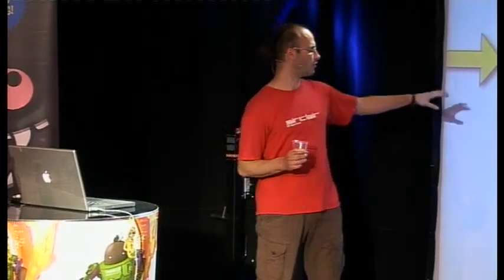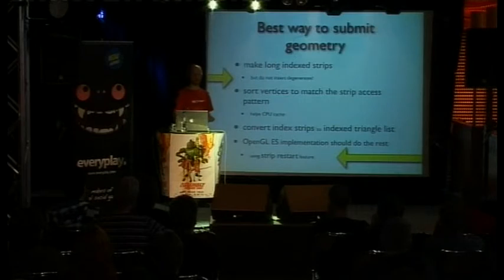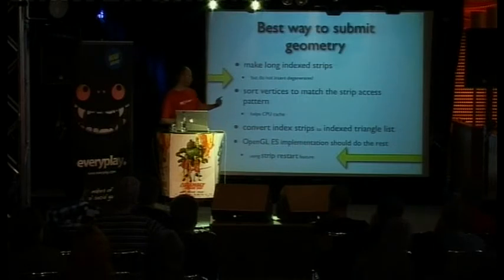Then sort your vertices in the vertex buffer to follow the order of the indices. It helps with the CPU cache, because the driver will be copying it. And then you convert from index strips to an index triangle list.